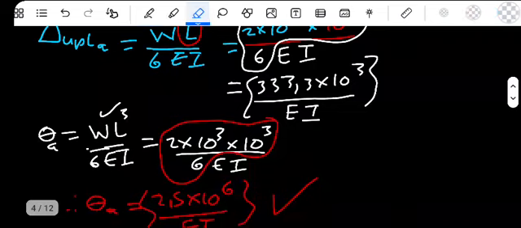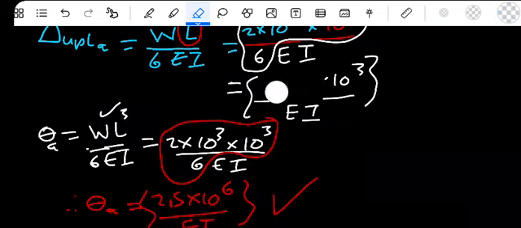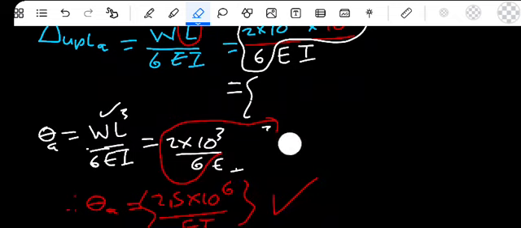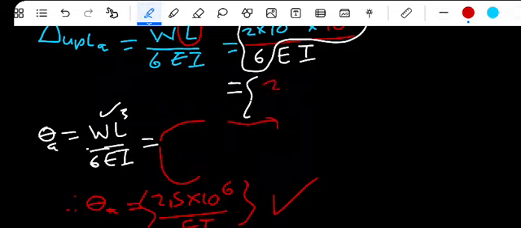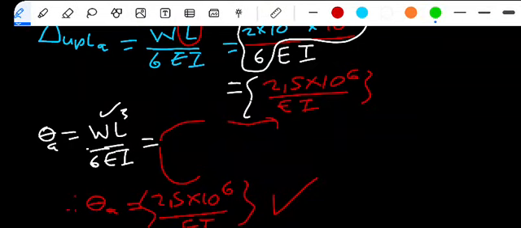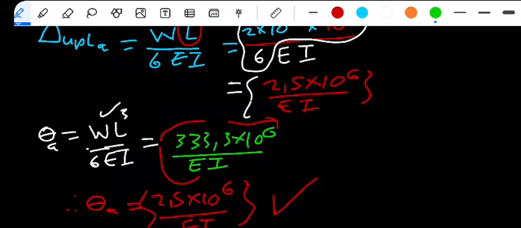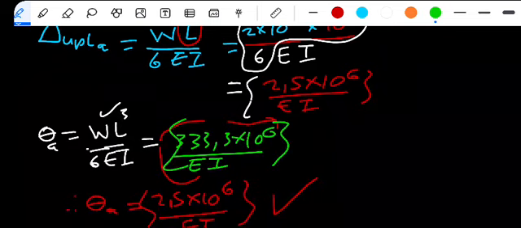This is a little bit incorrect, sorry. This value here is supposed to be 2.5 times 10 to the power of 6 over EI. Then here we're supposed to have 3 times 10 to the power of 6 divided by EI. So this is our slope then.